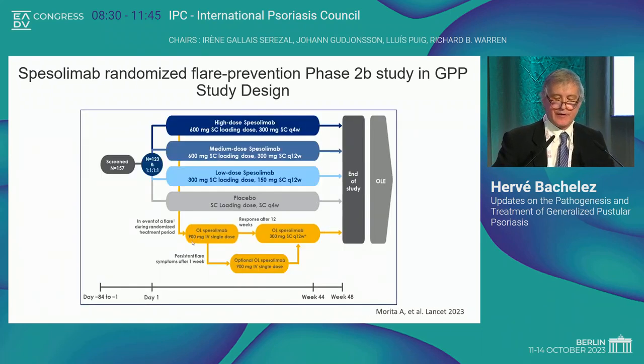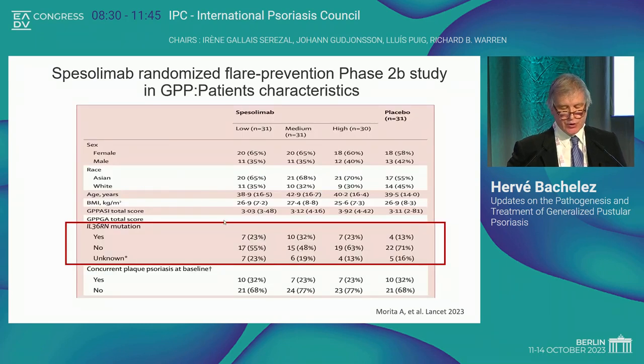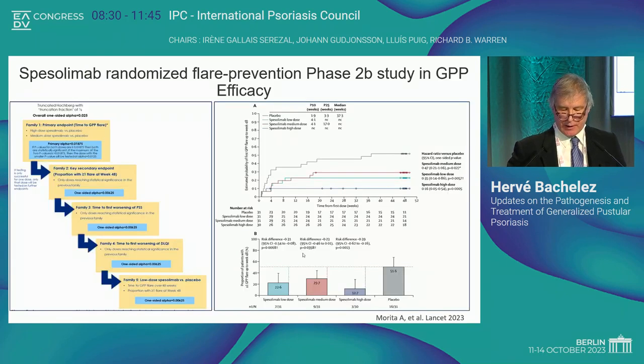And this is the phase 2b flare prevention study of spesolimab, which was communicated at the AAD this year. Again, different regimens were compared to placebo in patients who were included when they had a 0 to 1 GPPGA score, and to make a long story short, these are the demographics.